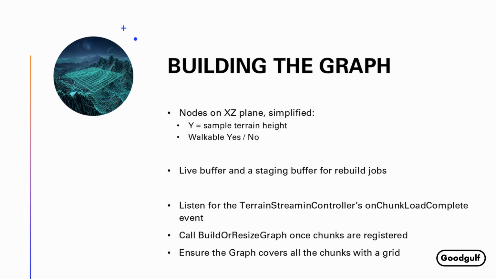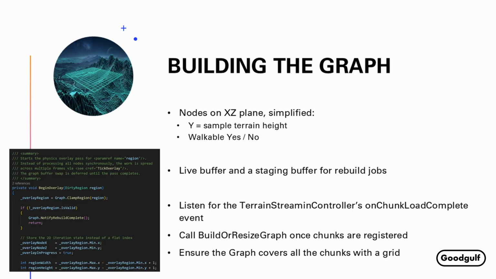When only a small area of terrain changes, say an explosion or a player digging, we use a partial rebuild. A copy buffer job first blits the live buffer into staging so untouched nodes survive. Then a partial graph rebuild job overwrites only the nodes within the dirty region.